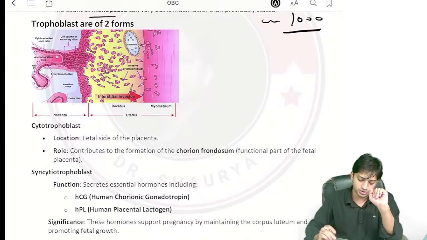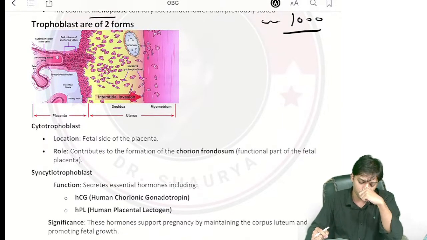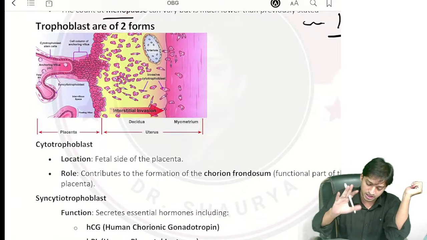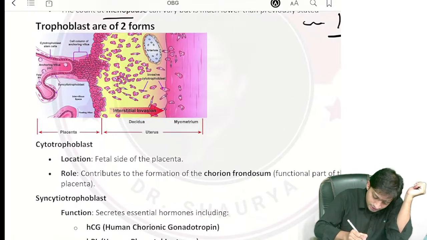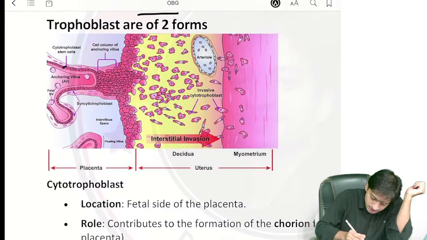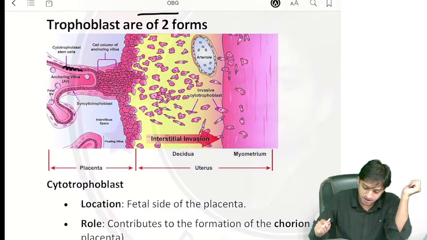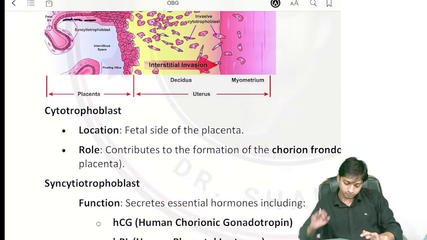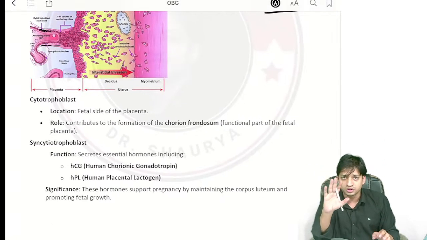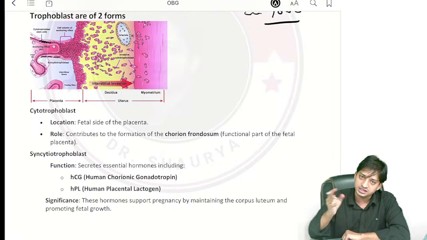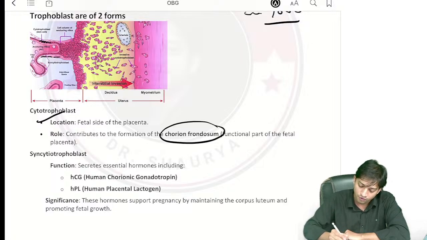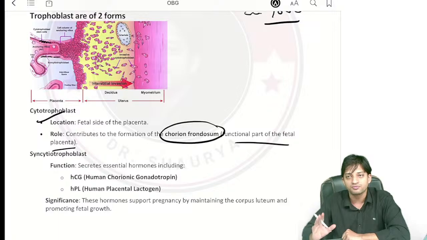Now the trophoblast generally has two forms, the cytotrophoblast and the syncytiotrophoblast. You can see from the image the cells arranged here, the cellular shape, are the cytotrophoblast, and the syncytiotrophoblast is this structure. For the cytotrophoblast they have asked about the location: the fetal side of the placenta, and it contributes to the formation of chorion frondosum, the functional part of the fetal placenta.